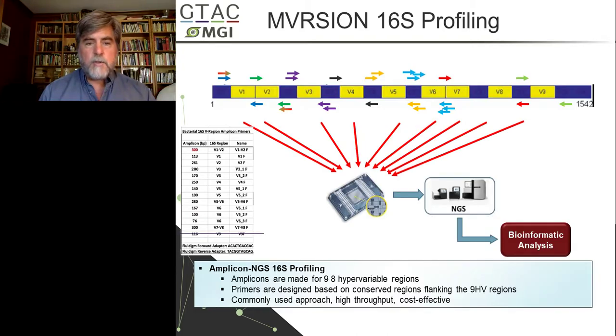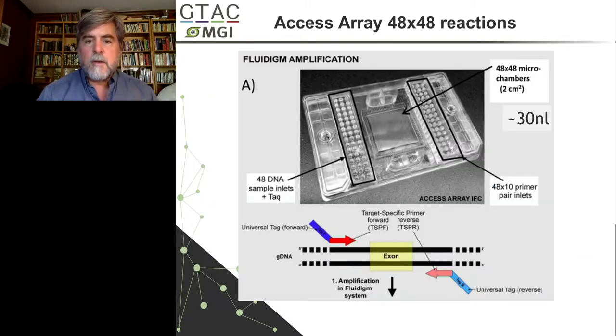So I'm going to talk now about right there where all the arrows are pointing toward that little plastic cassette. As I said, it's made by a company called Fluidigm. And here's a closer shot of it. In this case, it's got 48 wells on one side and 48 wells on the other. You load your samples onto the left side and you load your primer pairs onto the right side. And then using microfluidics, the samples and primers are mixed in 30 nanoliter chambers.